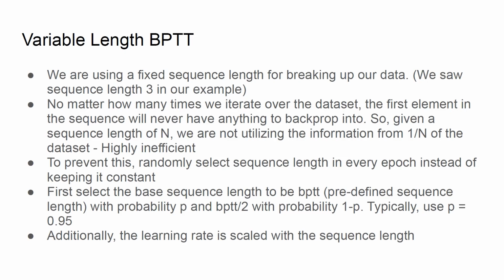So it is highly inefficient. To prevent this problem, variable-length BPTT will randomly select the sequence length in every epoch instead of keeping it constant. For example, besides keeping the sequence length of 3, we will randomly choose the sequence length from, for example, 3 to 10 at each epoch, so that we can assure that almost all the words will be considered.